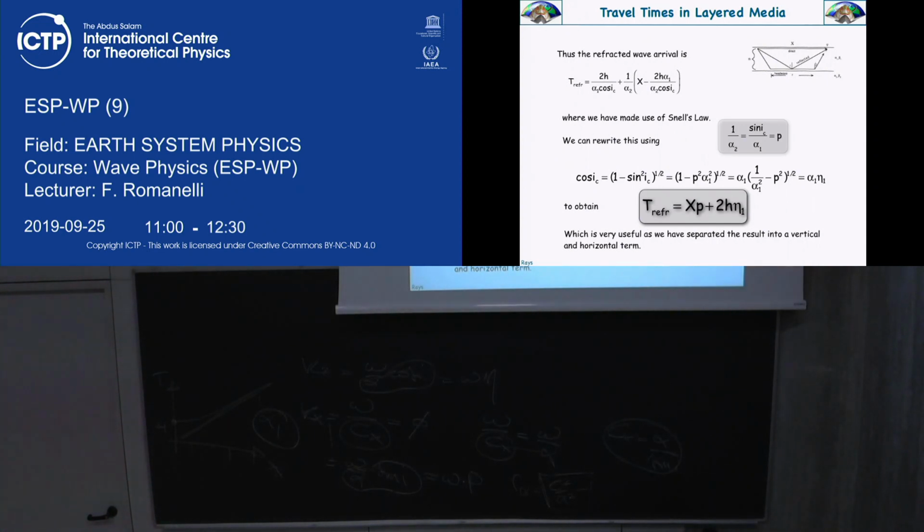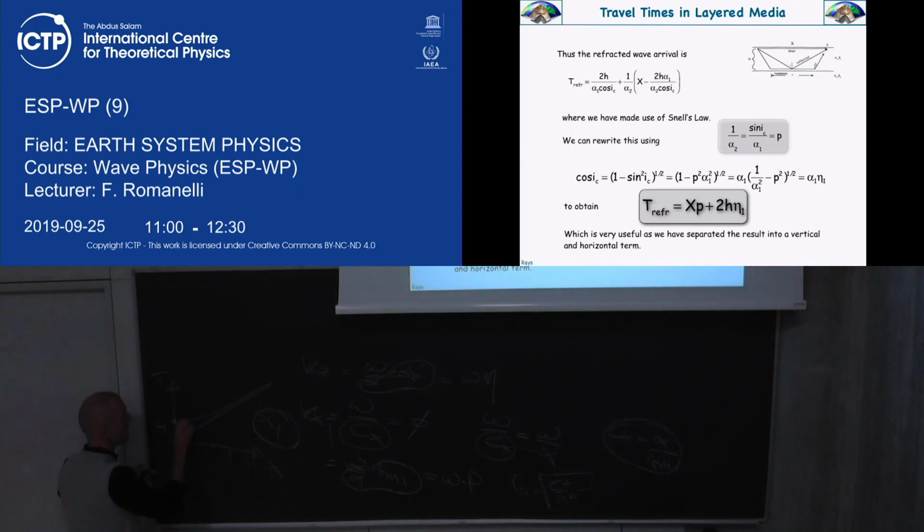What are the variables here? Not P. P is 1 over alpha 2. What about this? Well, P is given, alpha 1 is given. These are numbers. Actually, the third line, the third curve, is a line with a slope that is P, that is 1 over alpha 2. Where is it going?